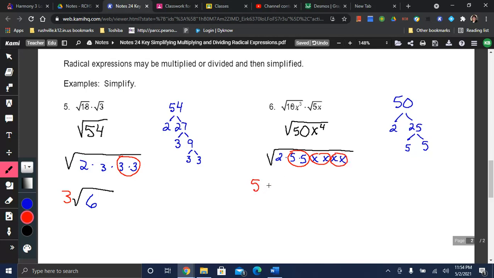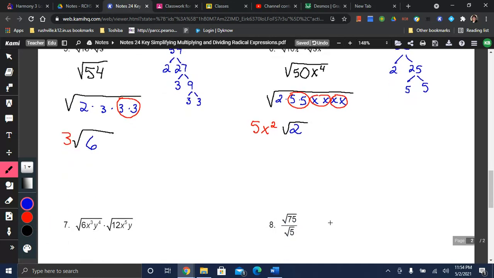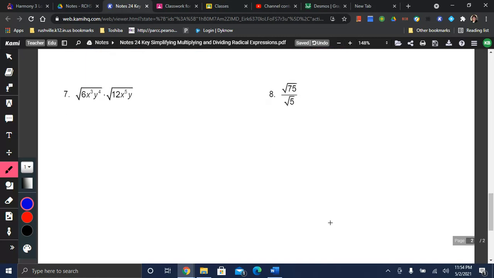So 5 comes out. We had 2 pairs of x's. Those come out. And then we have a 2 left inside the radical expression. So 5x squared times the square root of 2. That is your final answer.